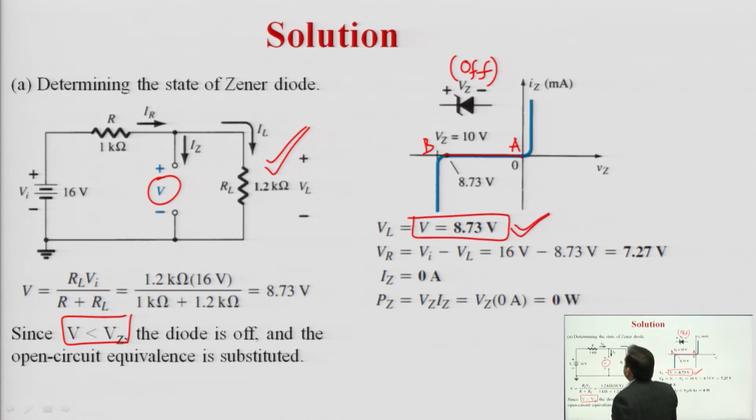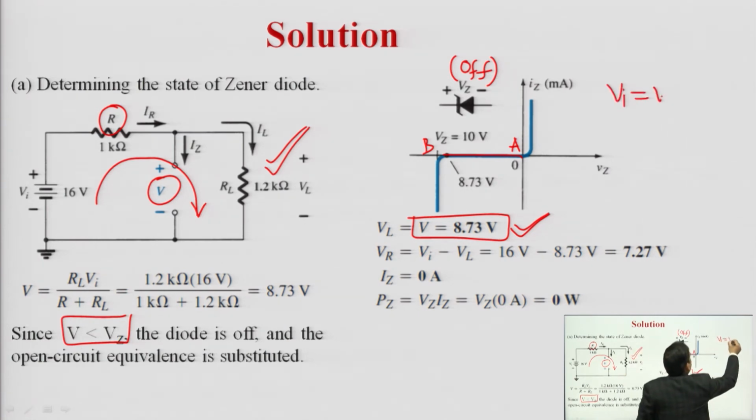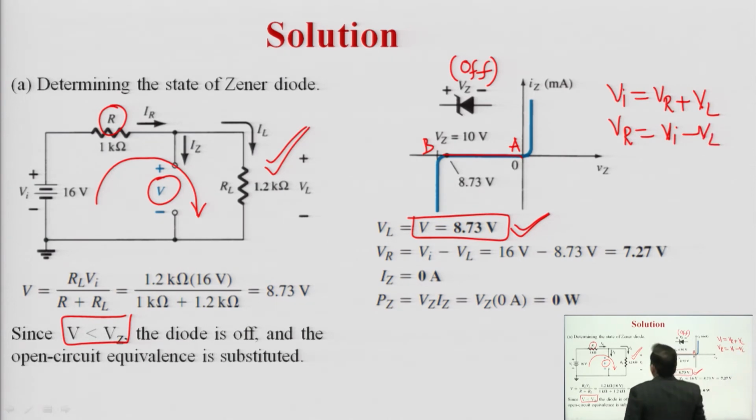Next, what is the voltage drop across the series resistance R? We can apply KVL in this loop, which says that VI equals VR plus VL, or VR equals VI minus VL, where VI is 16 and VL is 8.73.